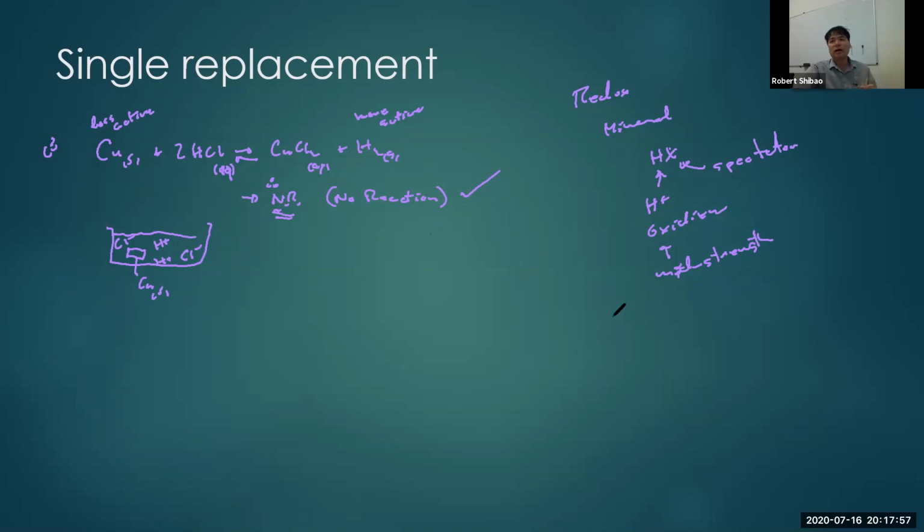However, when we're dealing with oxidizing acids, we have a different picture come up. When we're dealing with an oxidizing acid, X doesn't want to be a spectator. So when we're looking at HX, X is no longer a spectator.